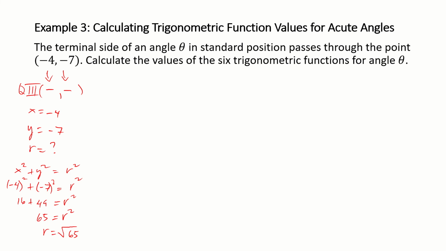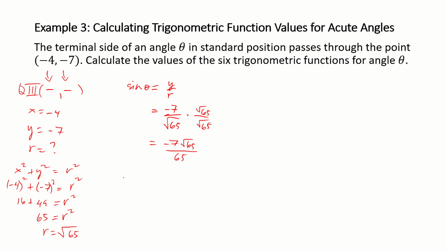With that, we can already figure out the six trigonometric functions. So sine theta is just y over r. So -7 over square root of 65. But there's a square root again in the denominator, a square root of a non-perfect square. So we need to multiply a square root of 65 over square root of 65. So we will get -7 square root of 65 over 65.